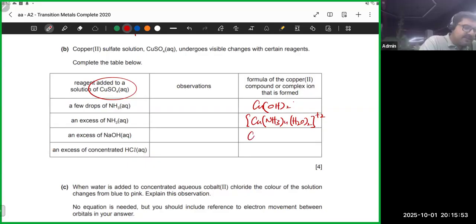With concentrated HCl, it's going to form CuCl4 2-. The observations: this is greenish yellow. With OH-, that's a pale blue precipitate or solid.